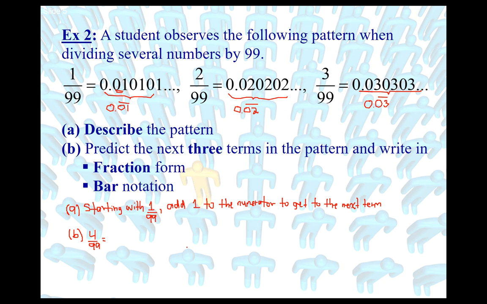So 4/99 should then be 0.04 with the bar on top. Then the next term, we add 1 to the numerator, 5/99, which is 0.05 with the bar on top. And then the final one, 6/99, would be 0.06 with the bar on top.